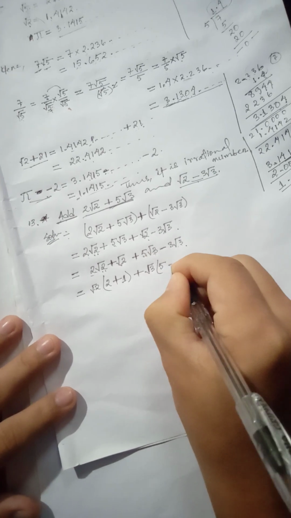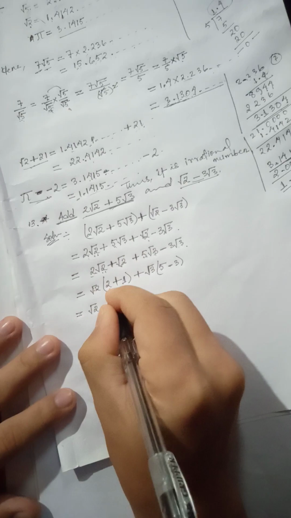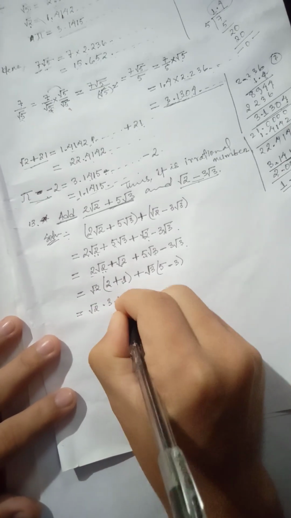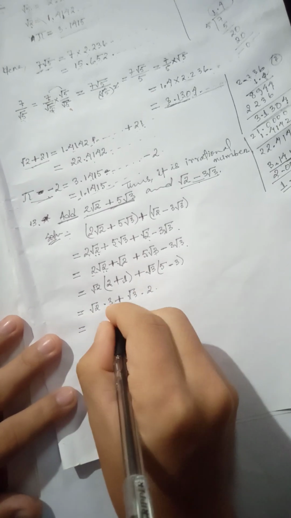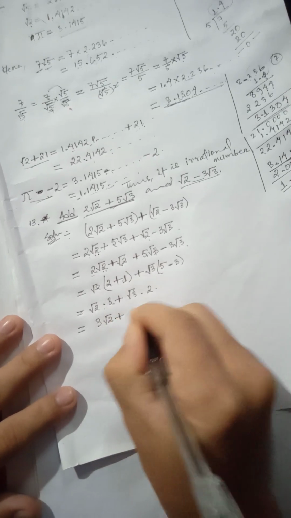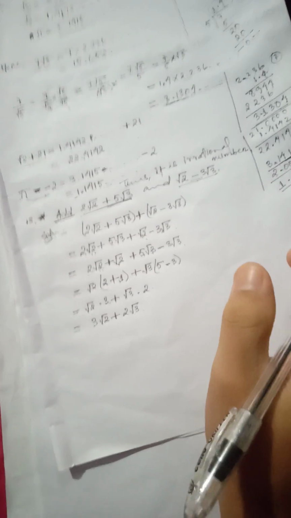Here it is 5 minus 3. So root 2 times, if you add 2 and 1, you get 3. Root 3, 5 minus 3 will give you 2. So the answer is 3 root 2 plus 2 root 3. That is the answer for this.